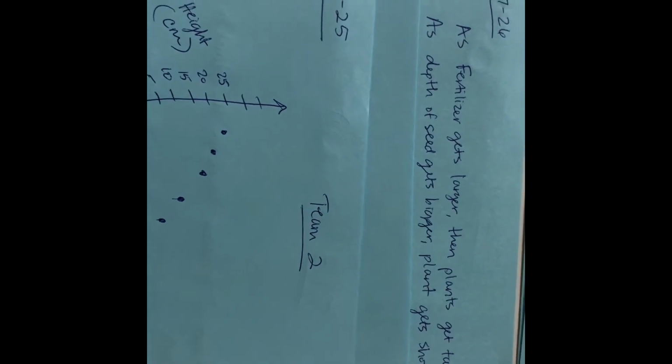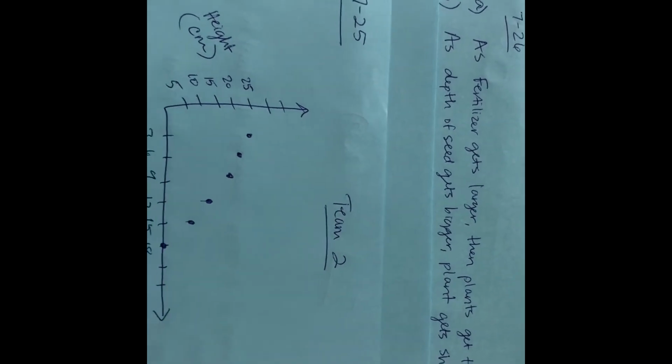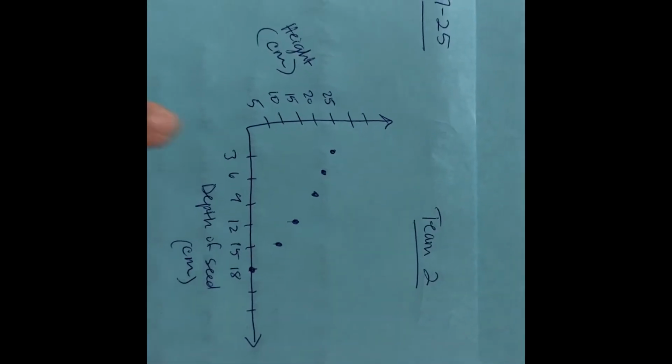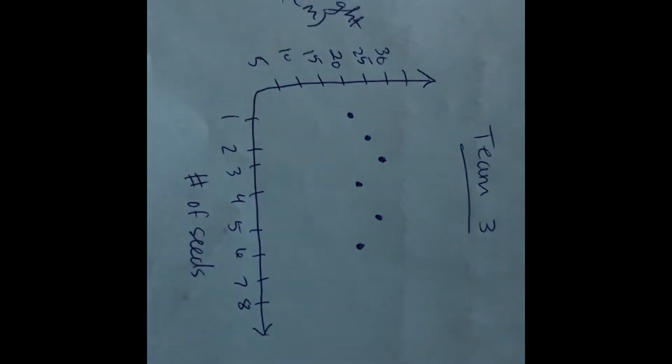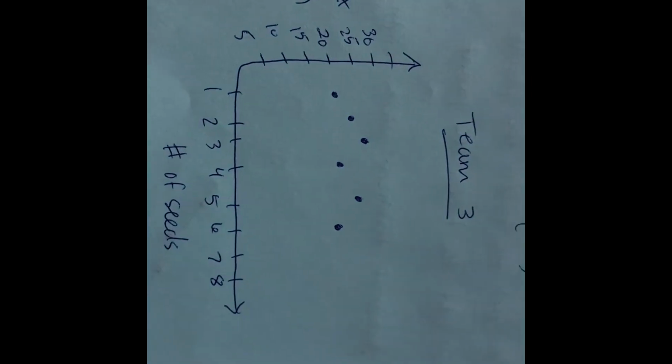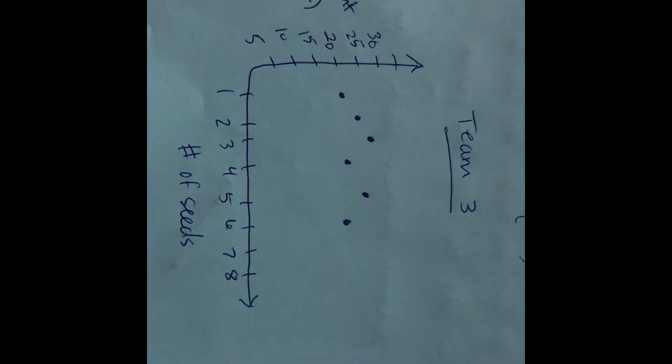I hope I did. As depth of seed gets bigger, plants get shorter. Perfect. Okay, so for Team 3, I'm not really noticing anything significant here. So I put that there appears to be no relationship between the number of seeds and the plant height.